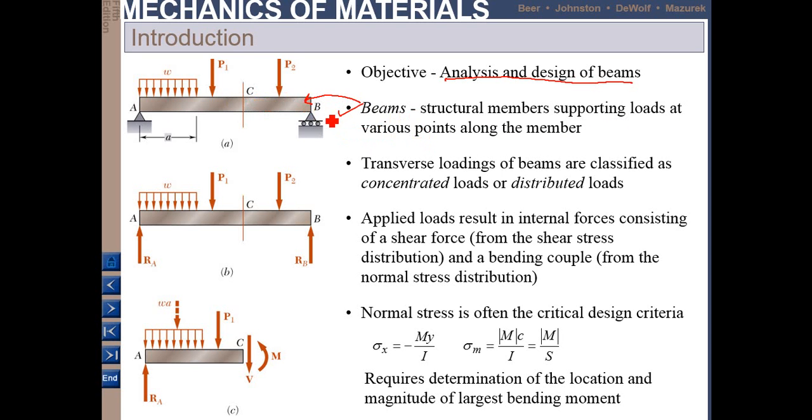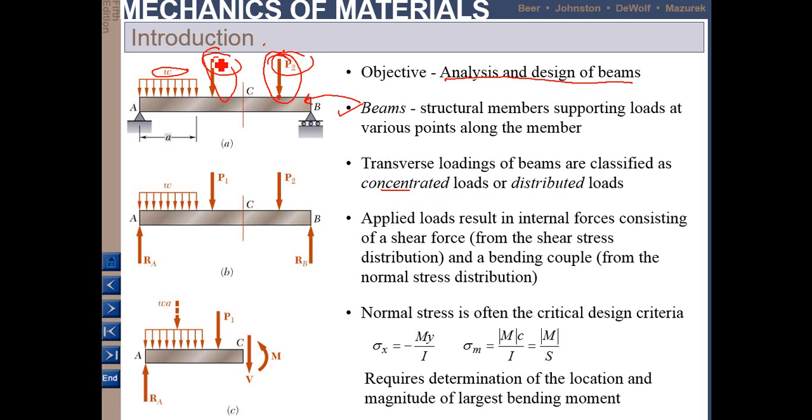So transverse loading of beams is classified as concentrated load or distributed load. This is called transverse load. So the load can be concentrated or distributed. If the load acts only at one point, it is called a concentrated load, like P1 and P2.